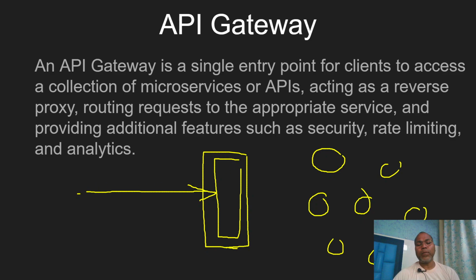From the client's perspective, they are just assuming they are consuming my services, but they are not directly consuming the specific services. They know this API 1, API 2.